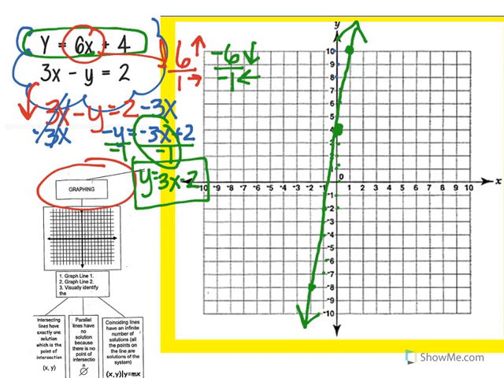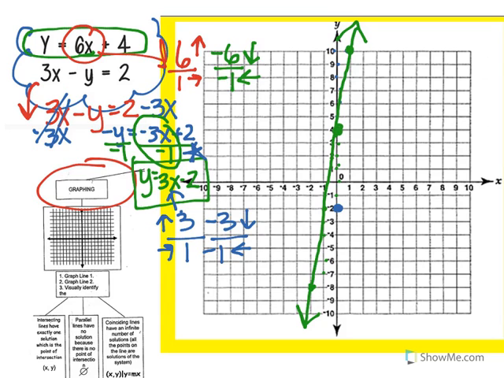So when I graph the second equation, I'm going to start at negative 2 for my y-intercept, and from there I'm going to go up 3 over 1 because that's my slope, or to get additional points I can also go down 3 and to the left 1 because negative 3 over negative 1 is the same thing as positive 3.